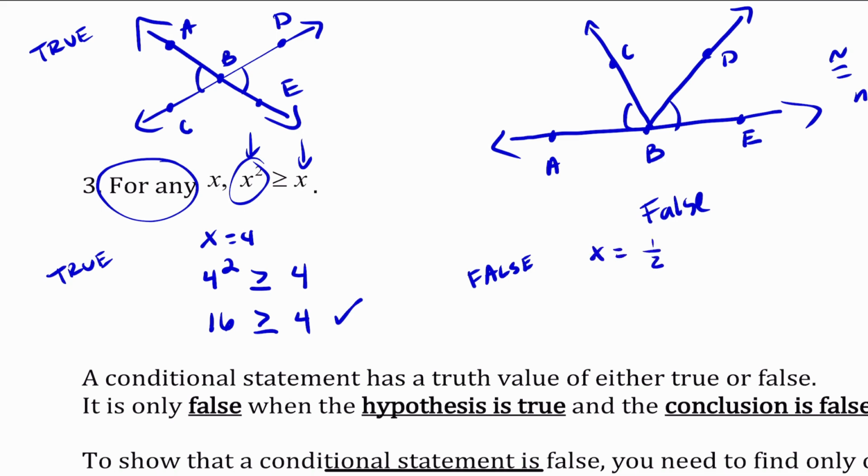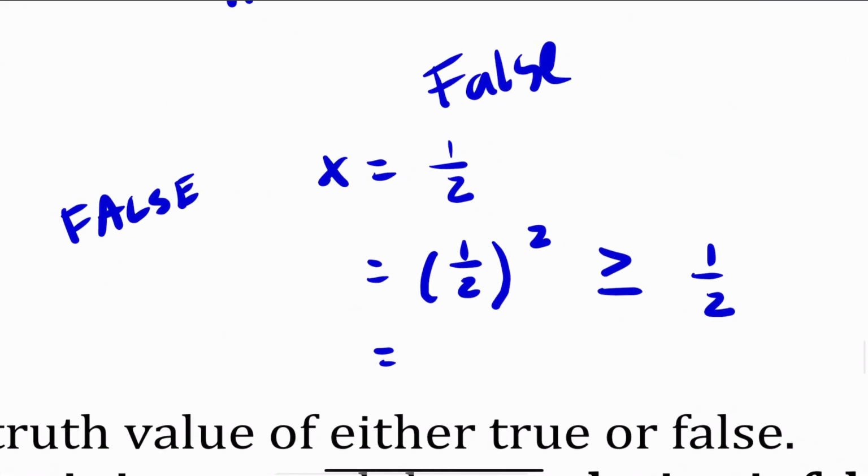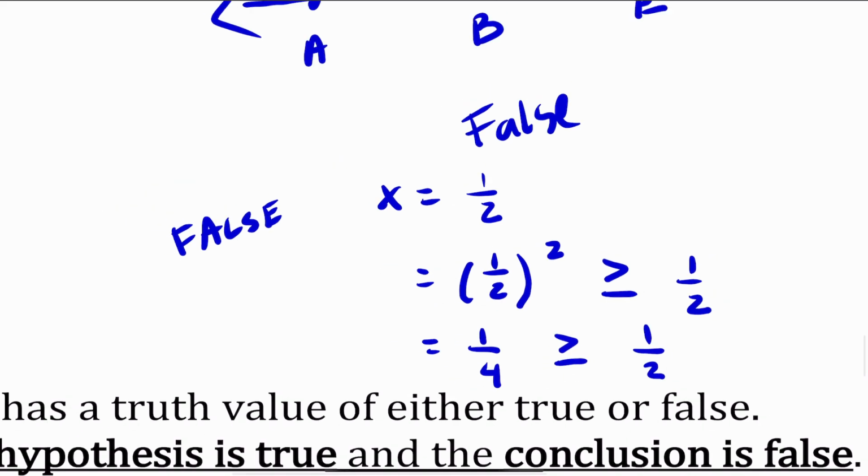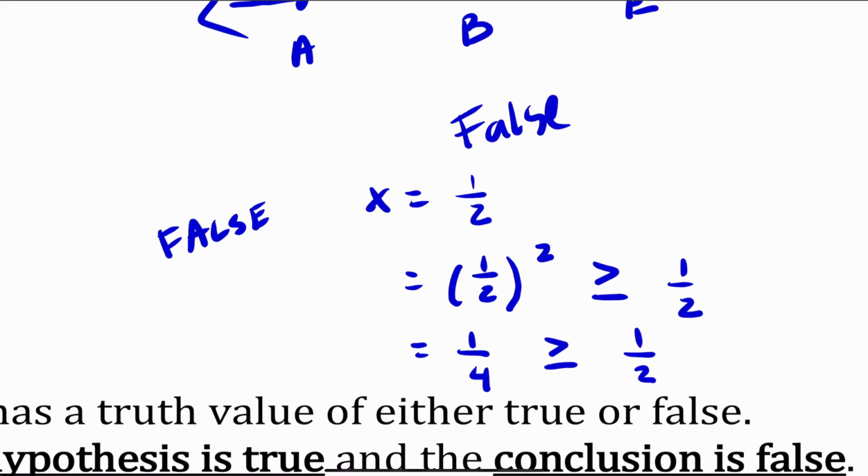And if I replace the x's, I get 1/2 squared is greater than or equal to 1/2, which, what happens now is that 1 is being squared and 2 is being squared. So I get 1/4, which is greater than or equal to 1/2. So which one is the bigger number? Well, it's 1/2, right?